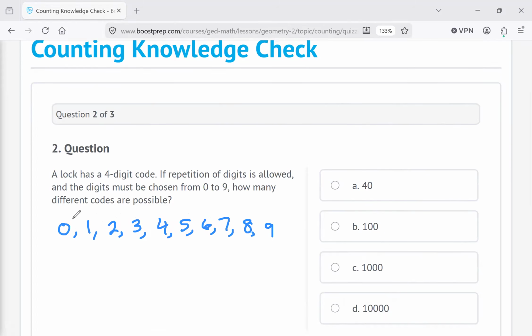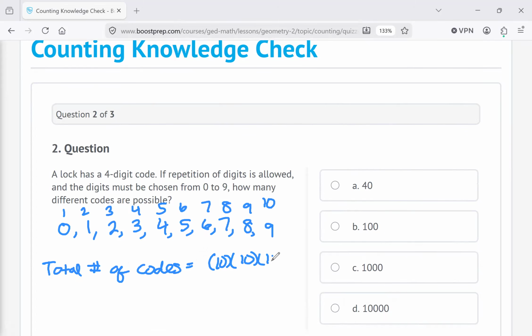And then how many numbers are there? So total, including 0, this is 1, 2, 3, 4, 5, 6, 7, 8, 9, 10. There's a total of 10 numbers, right? So the total number of codes, and then there's a four-digit code. So really, it's 10 times 10 times 10 times 10 because there are four digits, right?